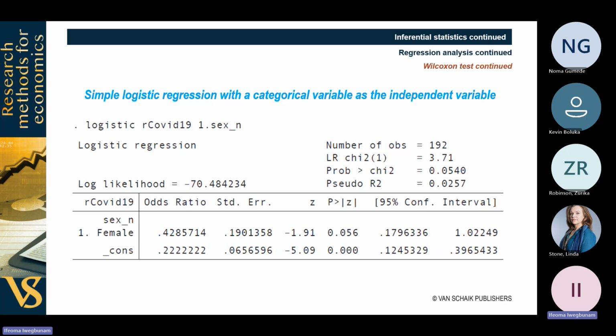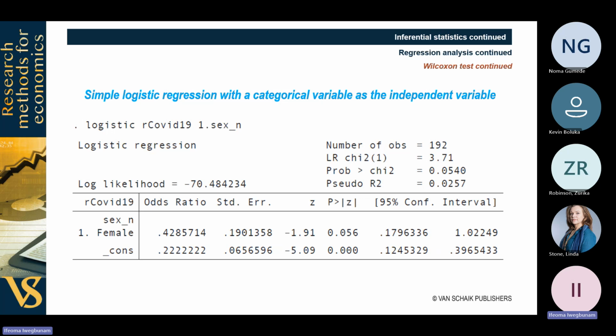They all need to be observed, and based on the interpretation given in the book, you can look at this result and interpret whether there is a relationship between the variables, in this case female and COVID-19, excuse me, and determine whether there exists a relationship between those variables.